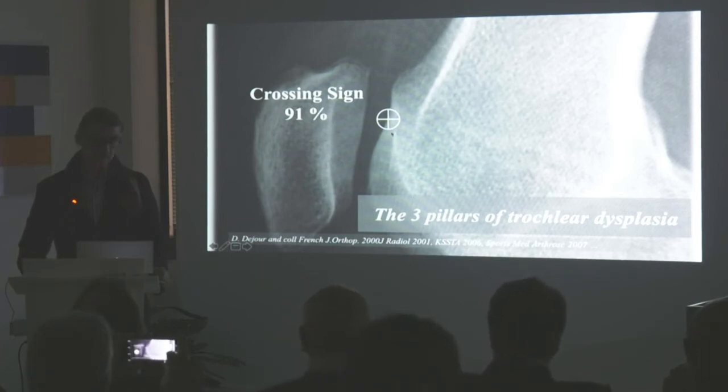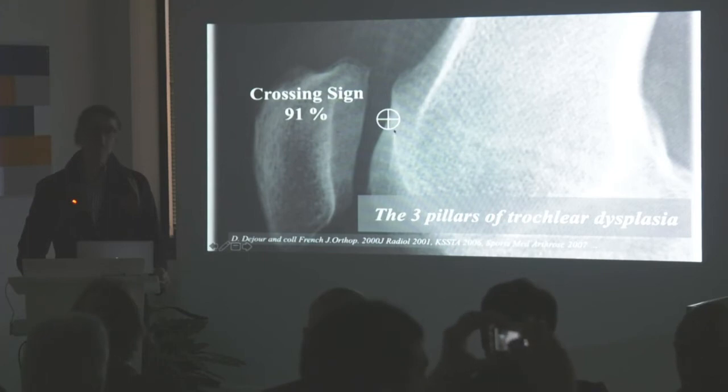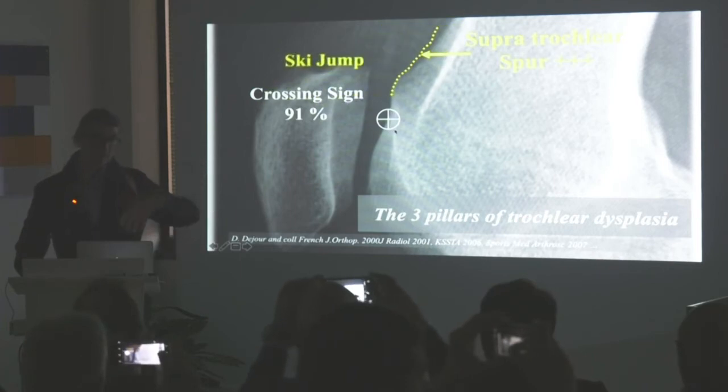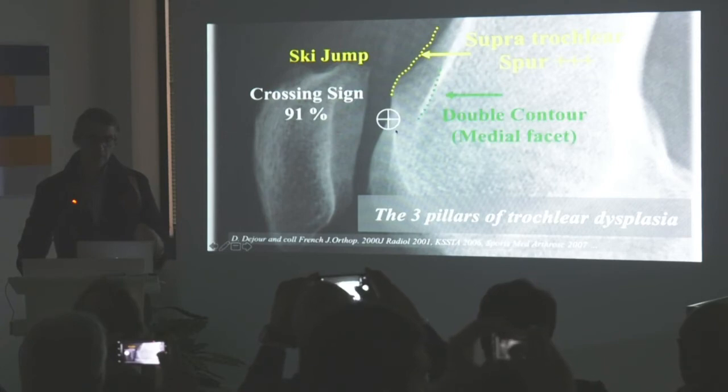First is the crossing sign. This is the groove line going up, and crossing both condyles. The second will be this supratrochlear spur. It's like a ski jump. It pushes the patella on the lateral side. And the third is the double contour, which is the hypoplastic medial facet.